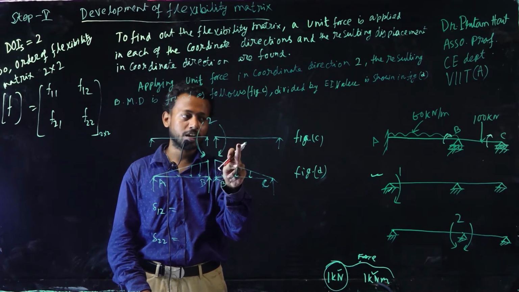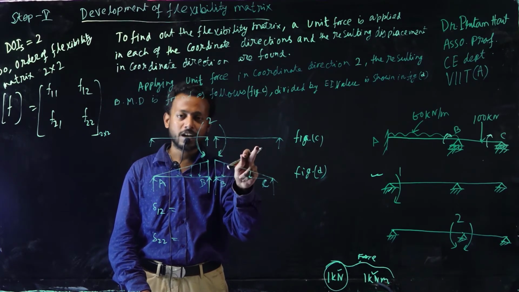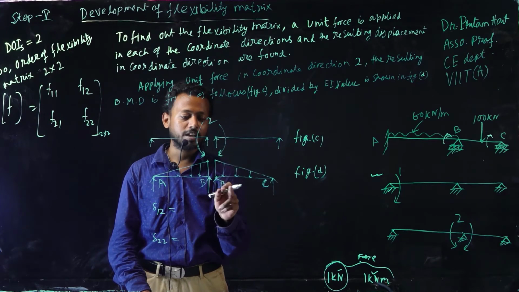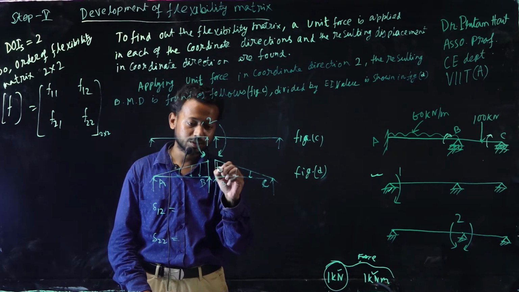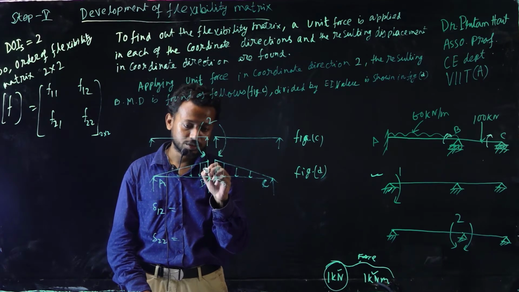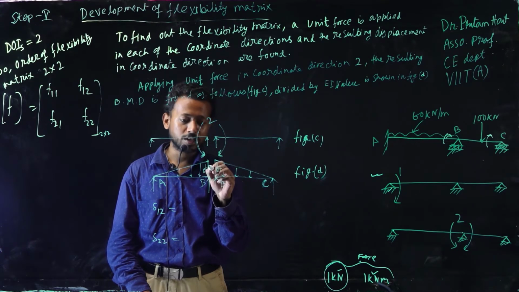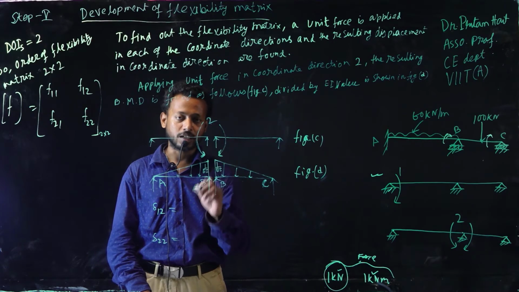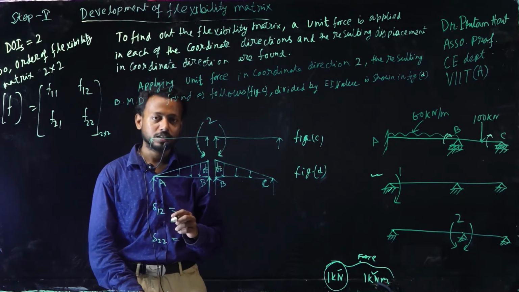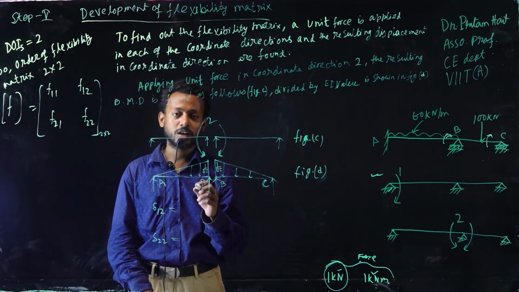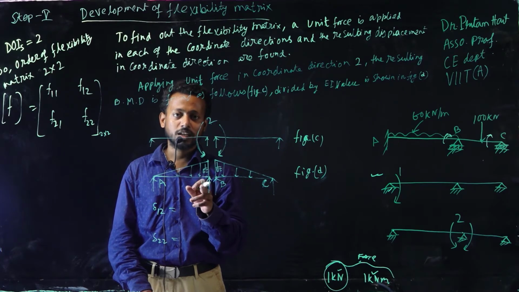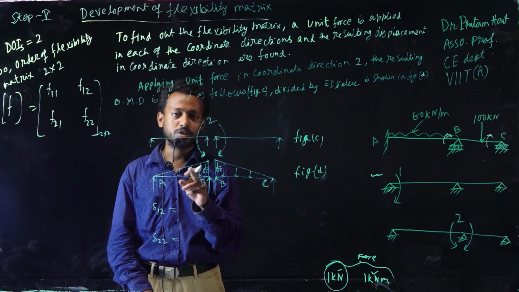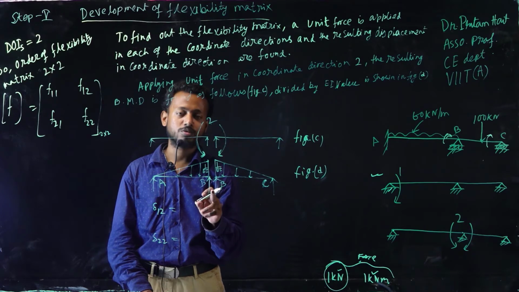This is the bending moment diagram. In figure C I have drawn the bending moment diagram, and in figure D I have drawn the M/EI diagram. So this is 1 upon EI. This is also the maximum ordinate, 1 upon EI. So what shall I calculate? I shall calculate the reaction at point 1 due to unit applied force at point 2.